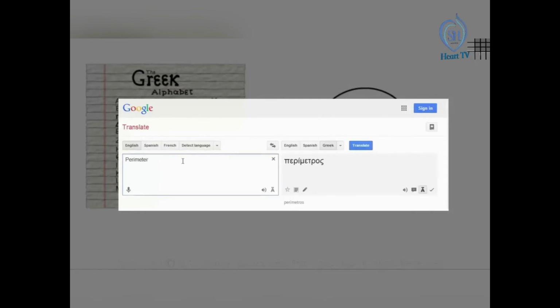As we can see, the first letter of the Greek word is pi. Let's try a couple more words related to perimeter. How about periphery? The first letter is still pi. Let's try circumference. The first letter, as all of us can see, is still pi. That's probably why the symbol was used to denote pi.